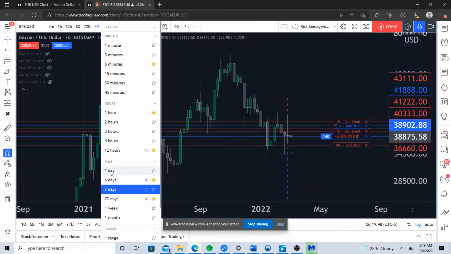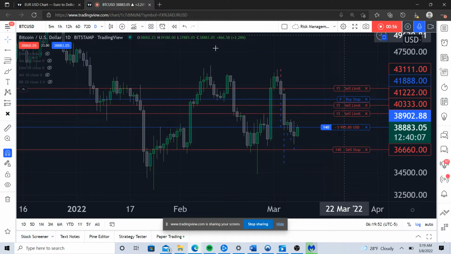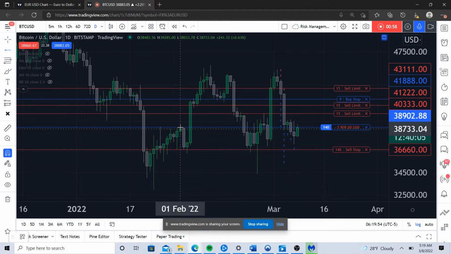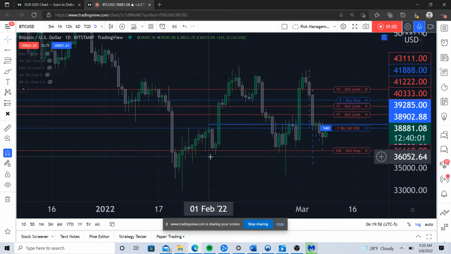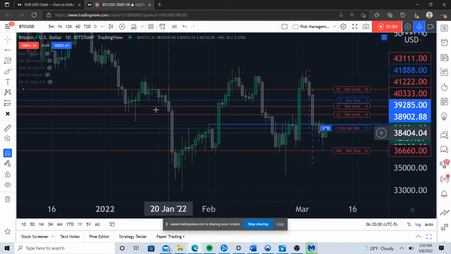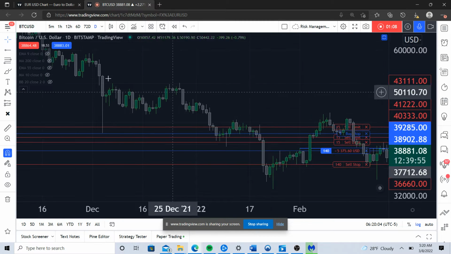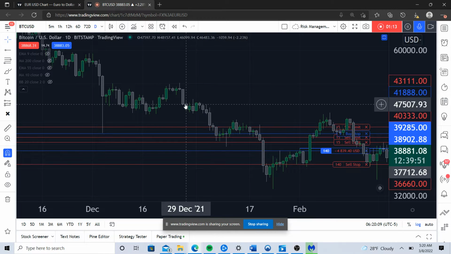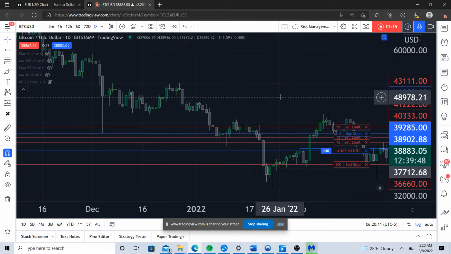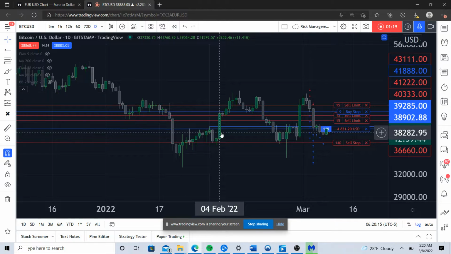Now let's go down to a daily chart. We have this level here where structure was initially broken on the daily. So price is in this very distinct trending mode, basically forming lower highs and lower lows until February 4th.